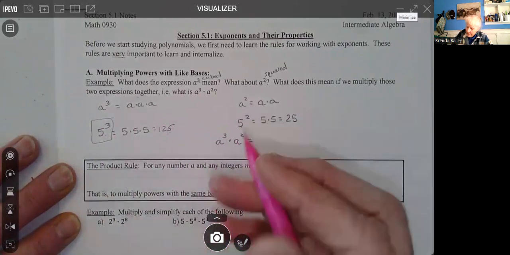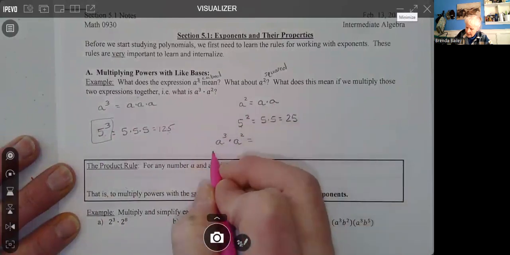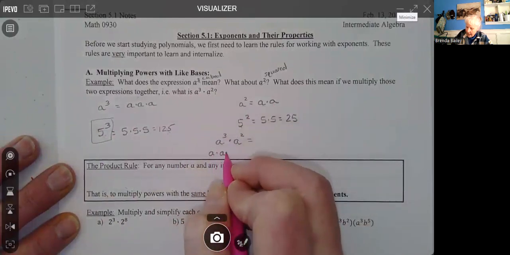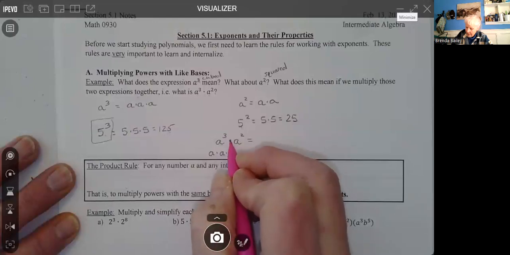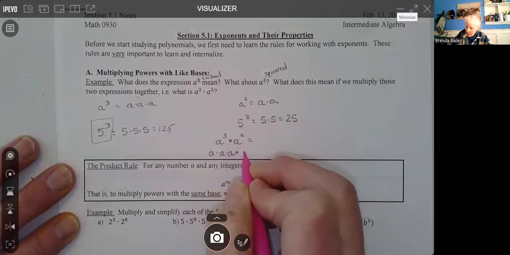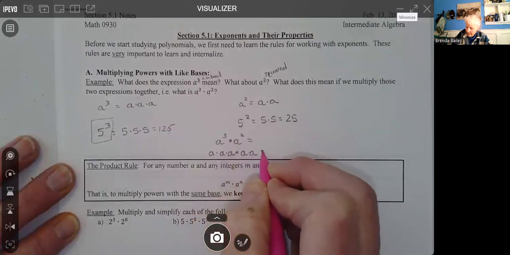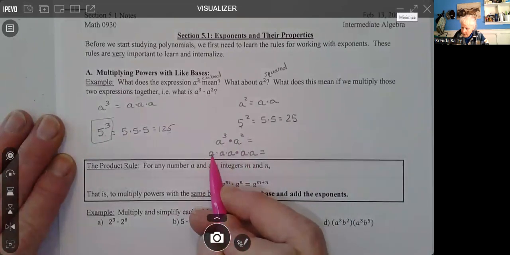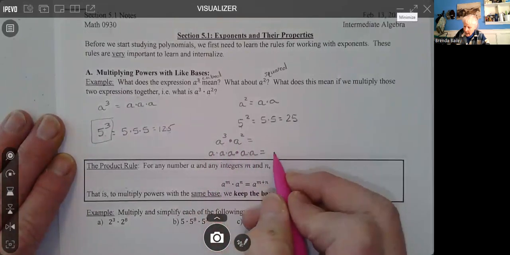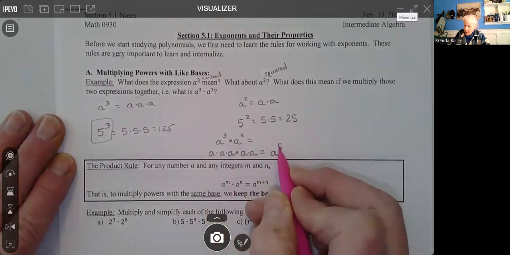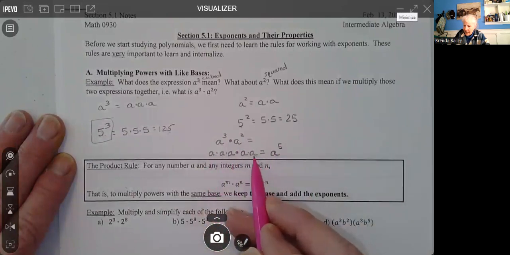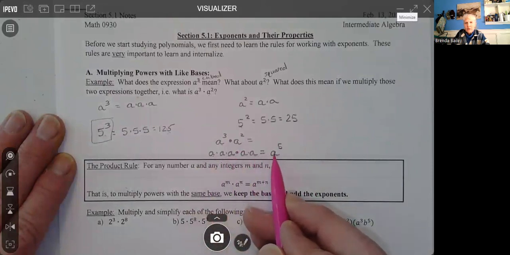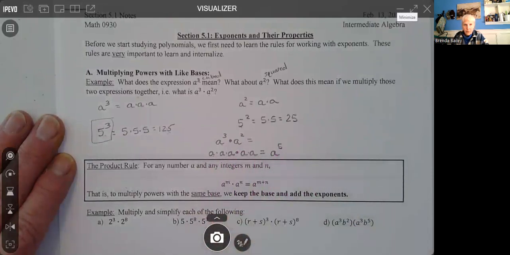A cubed is a times a times a, times a squared, which we know is a times a. What does this equal? We have 1, 2, 3, 4, 5. We're multiplying 5 of these a's together. So this is equal to a to the 5th.